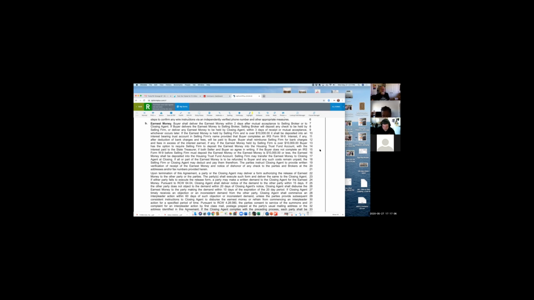So there's the notice that says the closing agent provides a written verification of the receipt of earnest money, and also if the check is not honored. Insufficient funds.